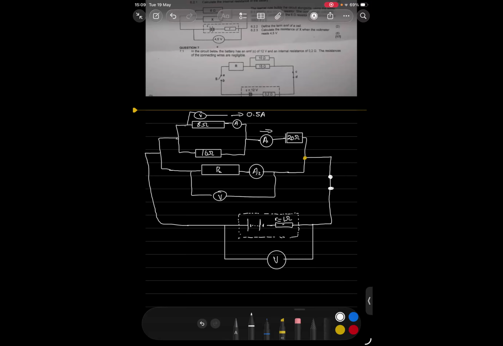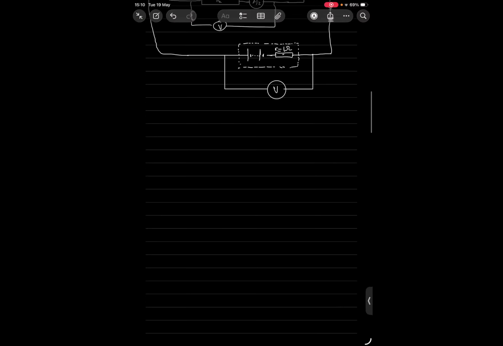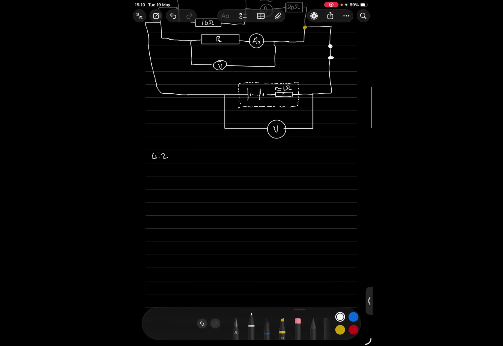It's going to be 4, right? So R is V over I, and I'm going to say 8 is V over 0.5, and my V is going to be 4 volts, right?